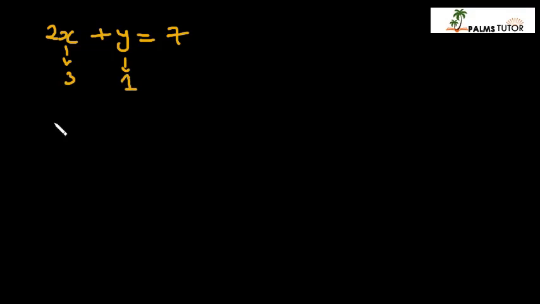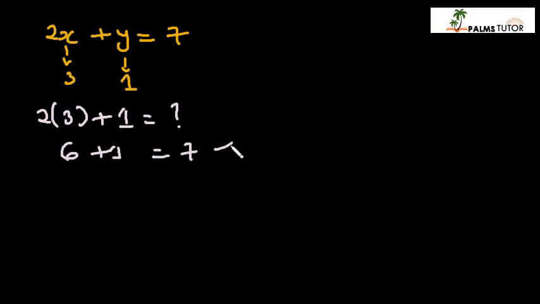Let me substitute and see if I'm right. 2 into bracket 3 plus 1 equals what? 2 multiplied by 3 is 6, plus 1 equals 7. You can see that's what we have. We are right.